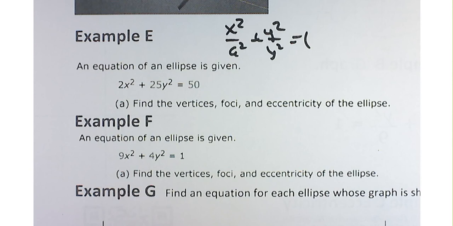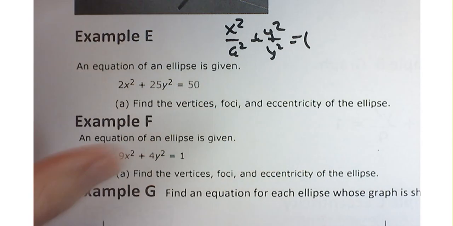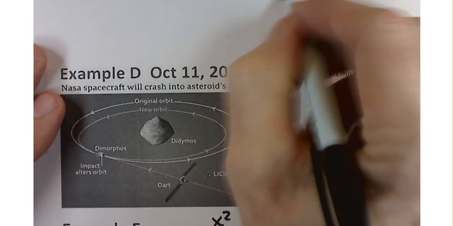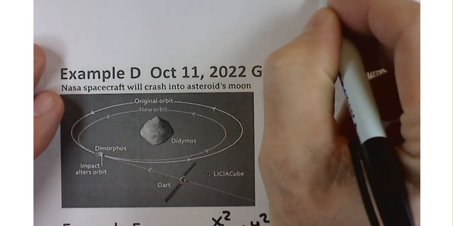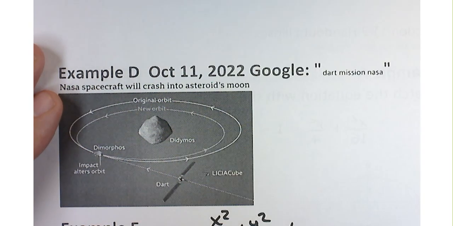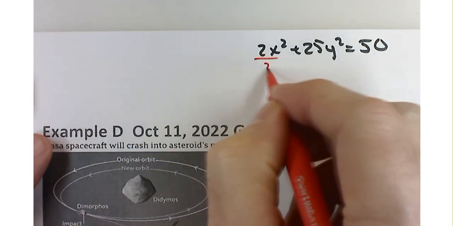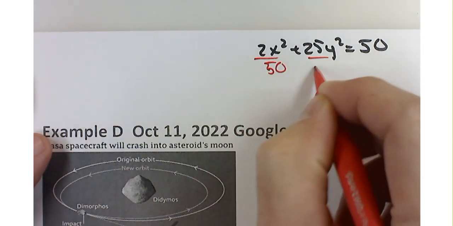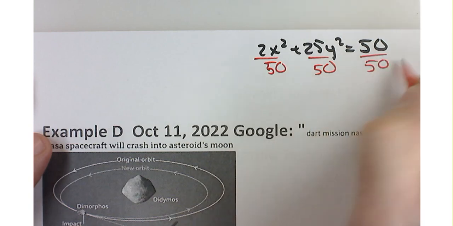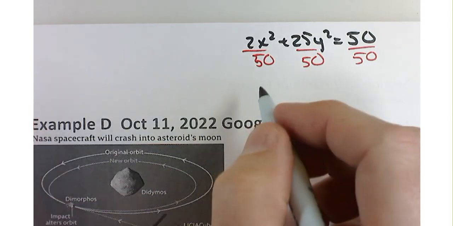Divide by what? Good. Divide by 50 on both sides. So we'll start with 2x squared plus 25y squared equals 50, and we're going to divide everything through by 50. How does that simplify?